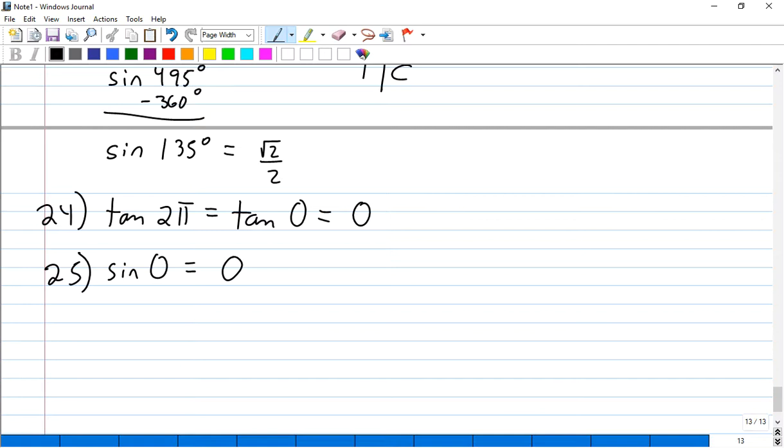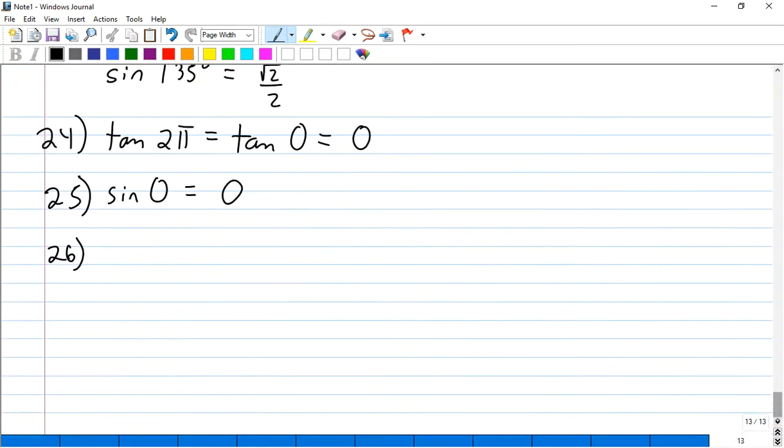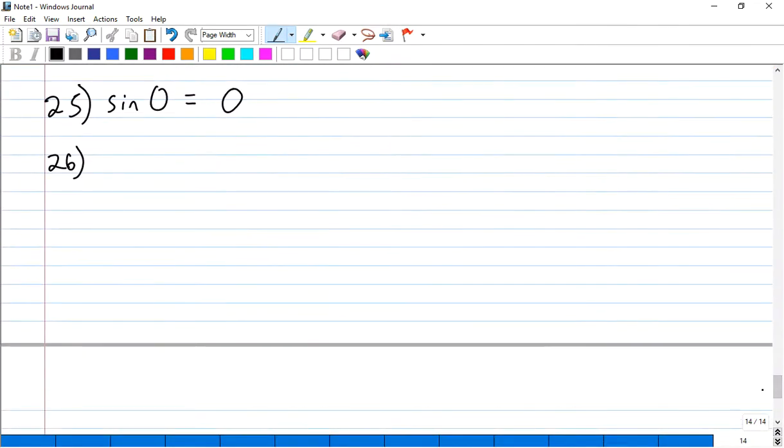Oh, stepping it up a notch for this next one. Solve the triangle. Alright, so this will help you with that last unit test as well.